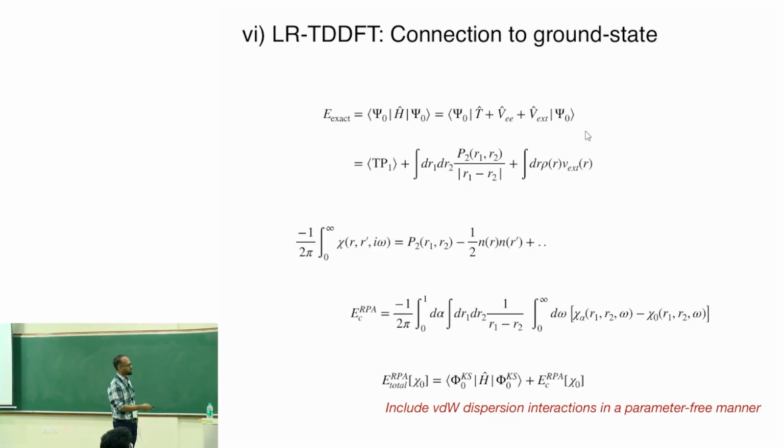This is the exact Hamiltonian evaluated over the Kohn-Sham determinant, and then you have the correlation piece. From here, can you tell whether the correlation energy is local or non-local? It's non-local. So this is a purely non-local type of functional.